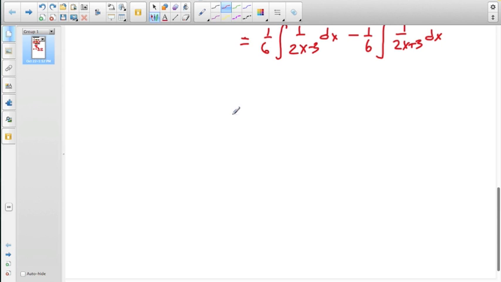And so as we're looking at that, we know that we're going to have the natural log of 2x minus 3. But to fix that coefficient of 2, we're going to have to multiply by the reciprocal, because that's what we do with integration, is we multiply by reciprocals.